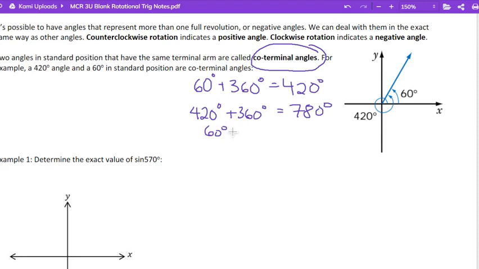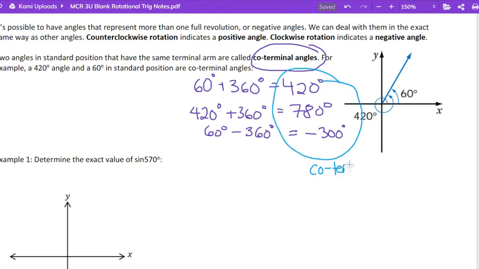But 60 minus 360 degrees, so we're going backwards, but we're still ending in the same location, is called negative 300 degrees. And all of these are coterminal angles, meaning same terminal arm.